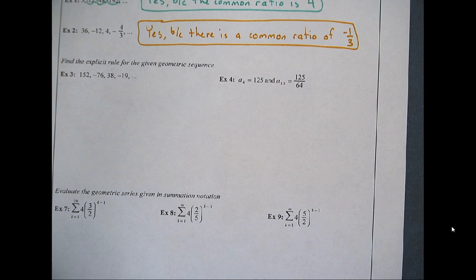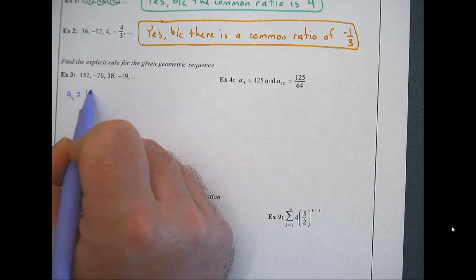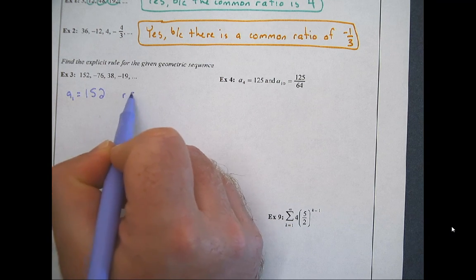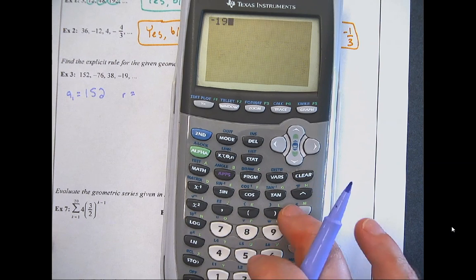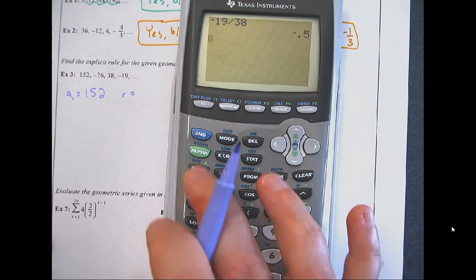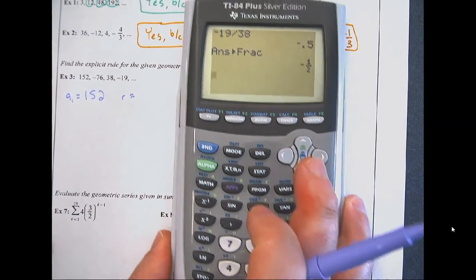So let's look at our first sequence. I need to know the first term, and I need to know the ratio. My first term, a sub 1, ends up being 152. Ratio, okay, so grab any term and divide by the one before it. Negative 19 divided by 38. You could do it as a decimal. I like to frac it back, so I get negative 1/2.